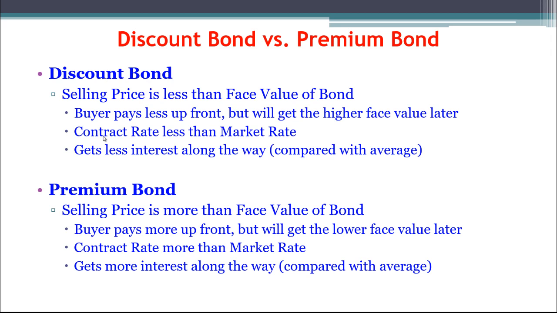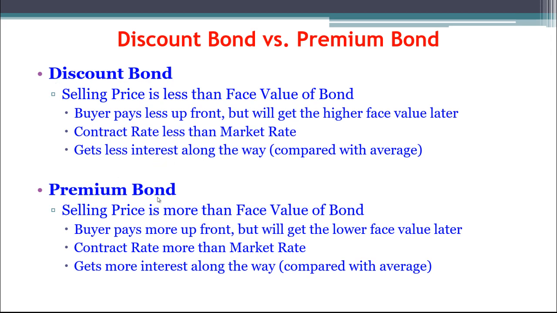So whoever bought this bond is getting less interest than other investors would be on their average bonds that are out there in the market right now. This is the reason for the discount. You're getting less interest than everybody else on average, so you're going to be paying less to get this bond.